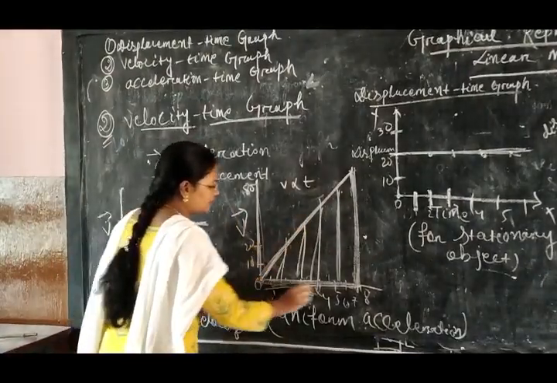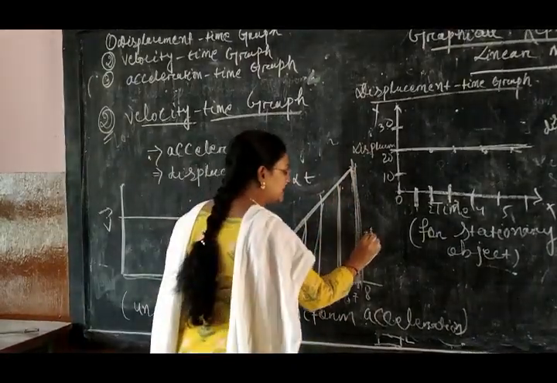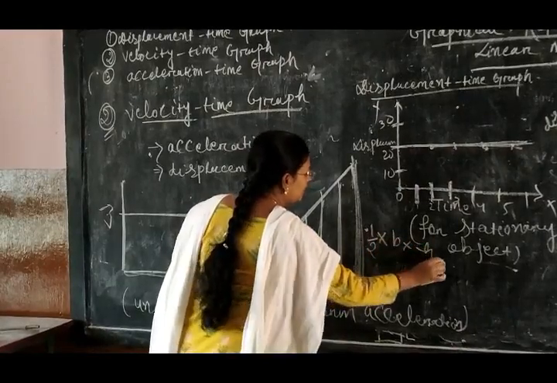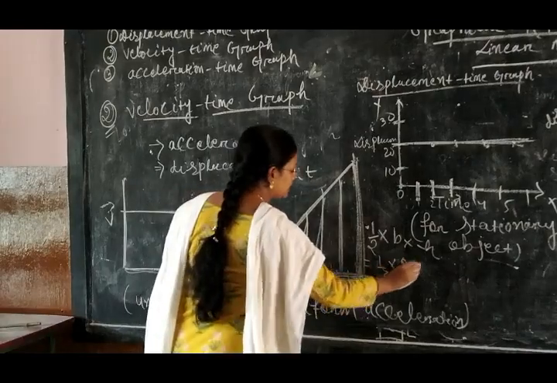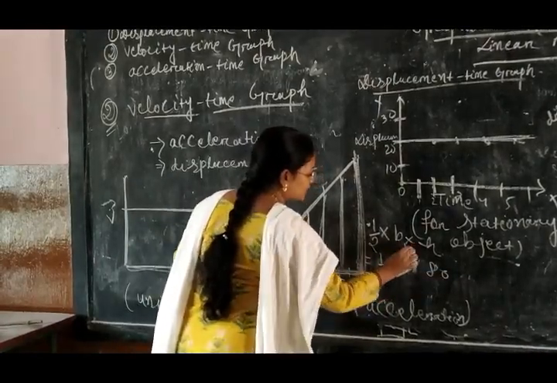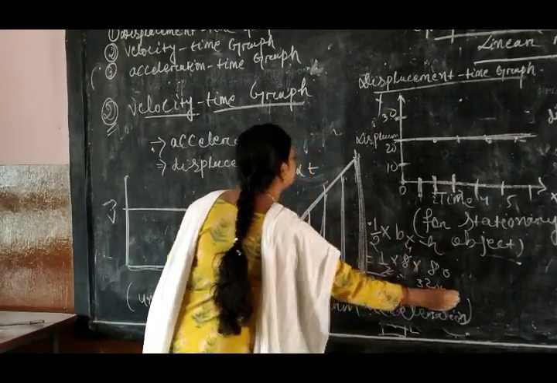This is your one triangle, a right angle triangle. So the right angle triangle area formula is your what? Half into base into height. So half, here base is 8 and height is 80. So this is 4 eights are 32, 320 meter.